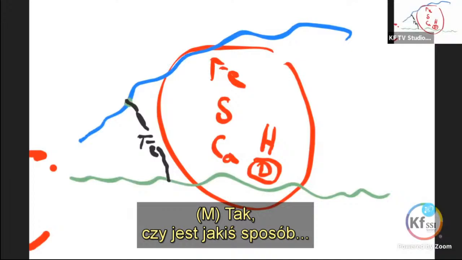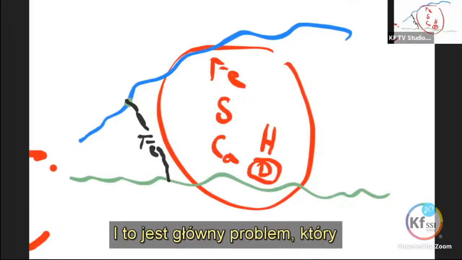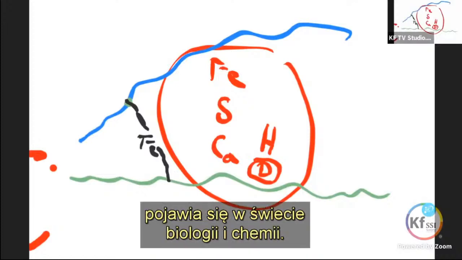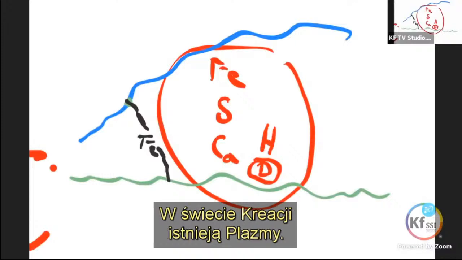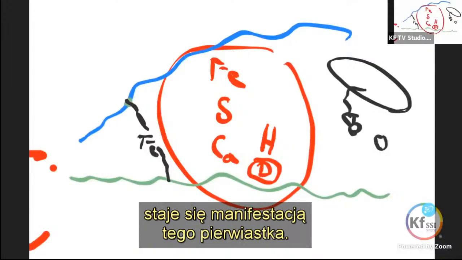In the world of creation, there is no fusion, as we've been taught. And this is the main problem which is fed into the world of biology and chemistry. In the world of creation, there are plasmas. And in one inertia we create, that part of the plasma becomes manifest in that element.